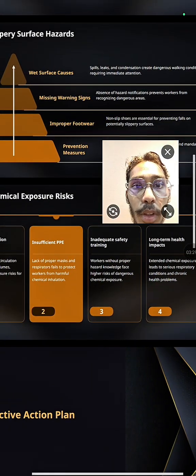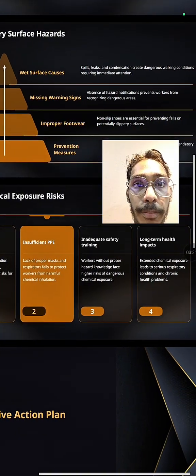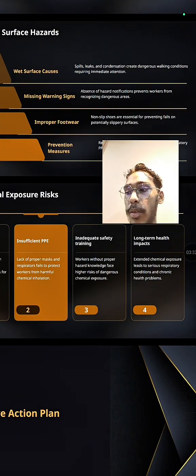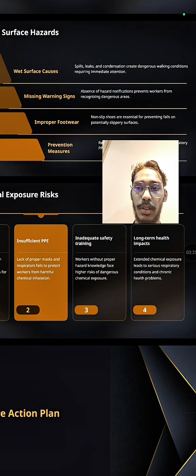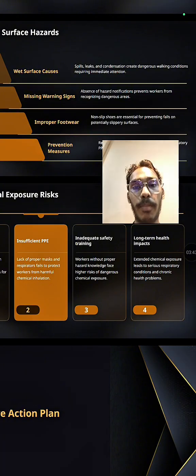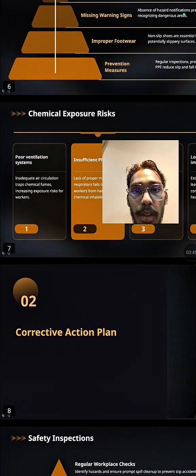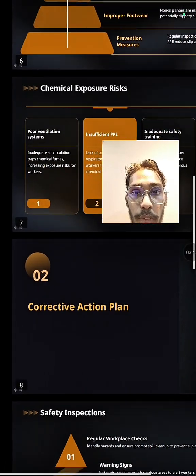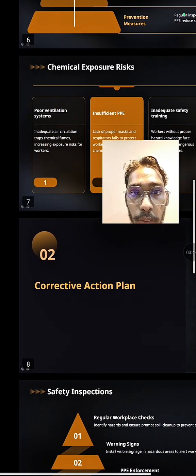And the last one is wet surface causes. Leaking pipes, excessive water after mopping, these are all routes to make you fall. Those are the causes. Okay. The next slide, chemical exposure risk. First one is poor ventilation system.